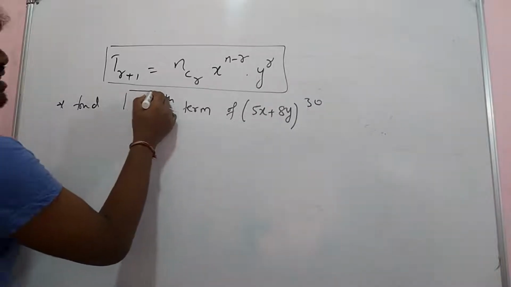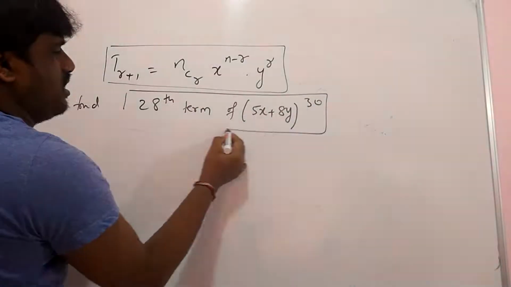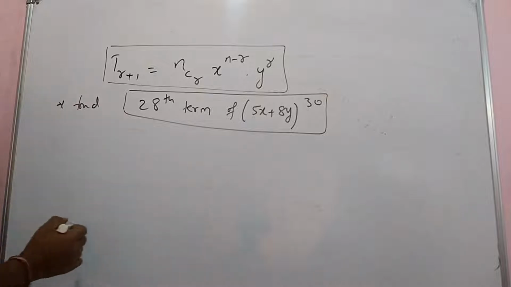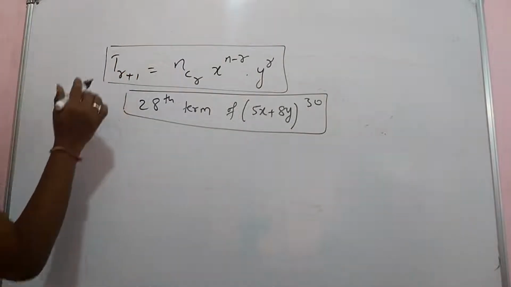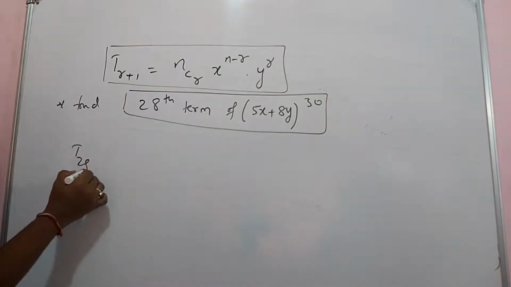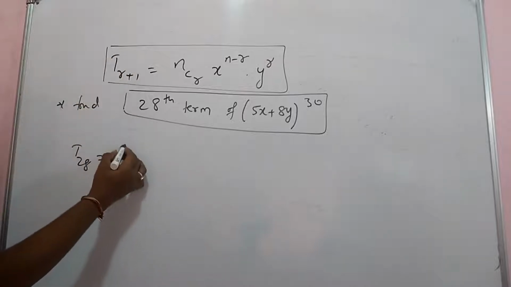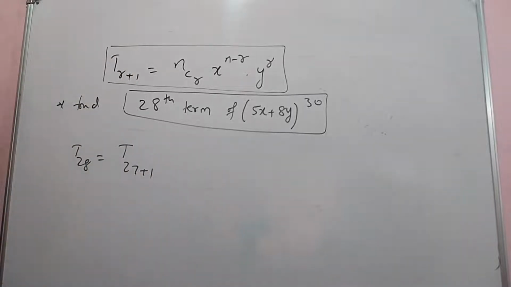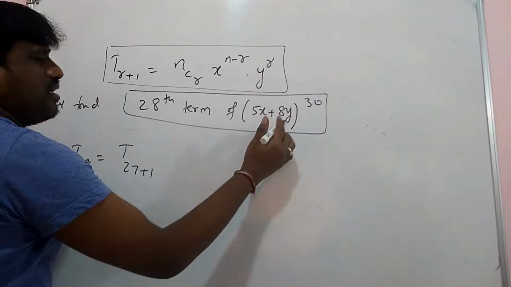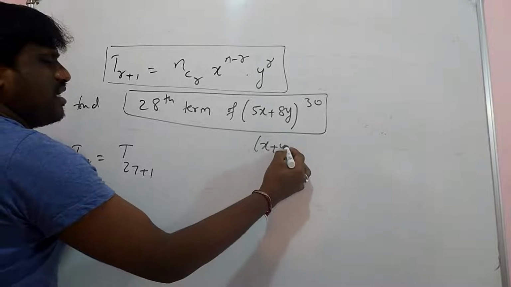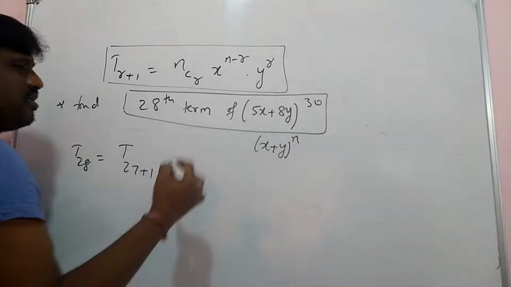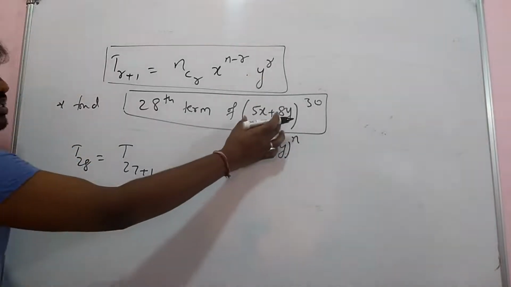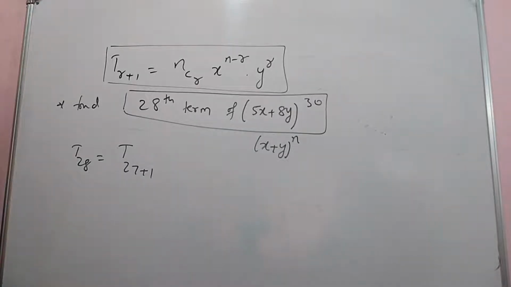If I want to find the 28th term, I can write it as T(27+1). You just compare this with (x + y) raised to the power n.